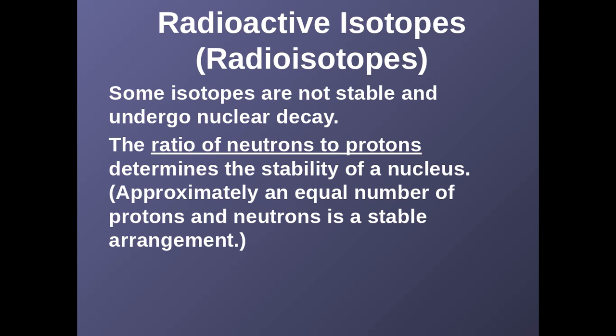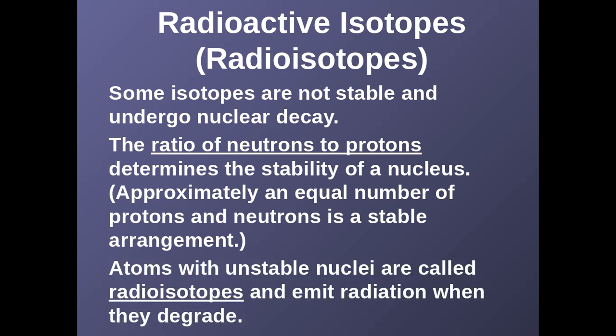However, you'll notice as the atomic number increases, there tend to be a larger amount of neutrons. When you have an atom with an unstable nucleus, it's called a radioisotope and it emits radiation. That makes sense, right? It's going to be decaying, so it's got to be emitting or giving off some type of radiation when it degrades, which again is just a fancy way of saying decay or breakdown.